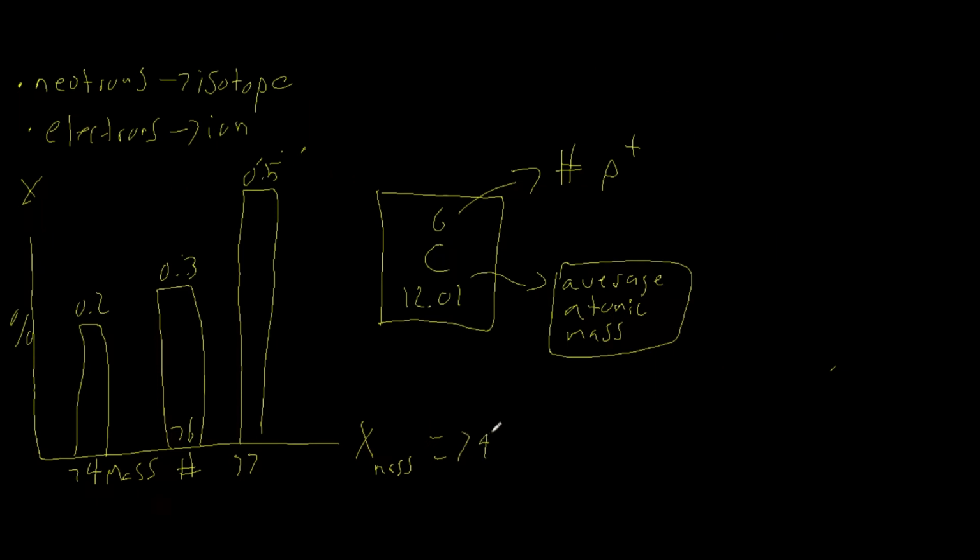Its mass is 74 times 0.2 plus 76 times 0.3 plus 77 times 0.5. Whatever this comes out to be will give you that weighted average value.